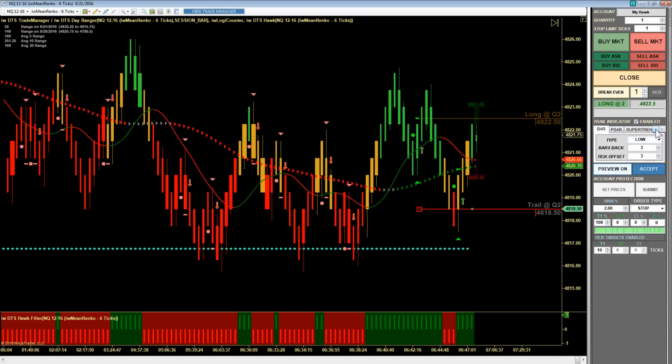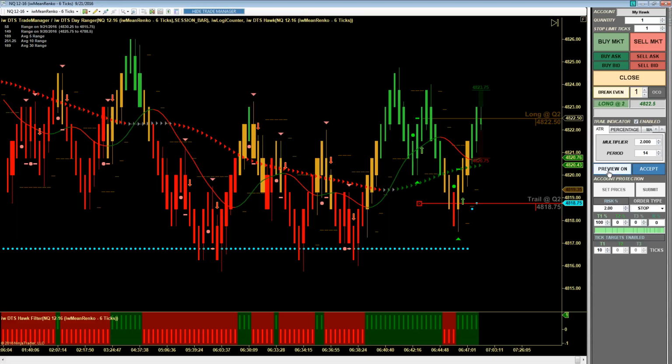The one I've got going right now is rather aggressive. If we're really going to try to ride this one out, I should go with something a little bit more conservative. And of course, you can preview all your stop strategies as well before you apply them.